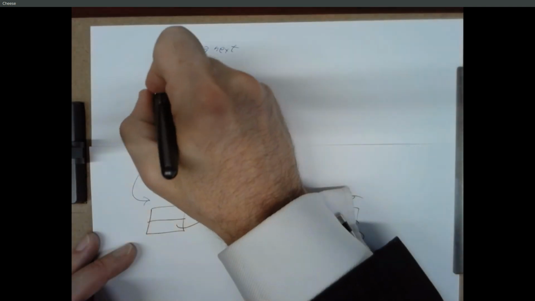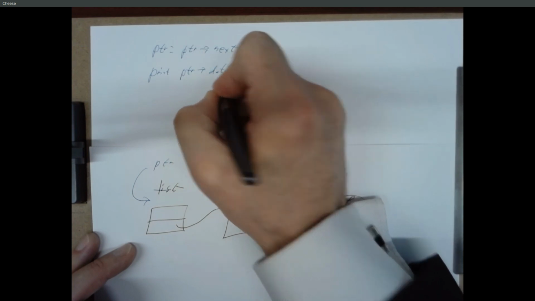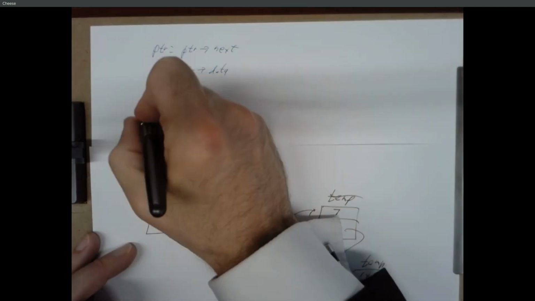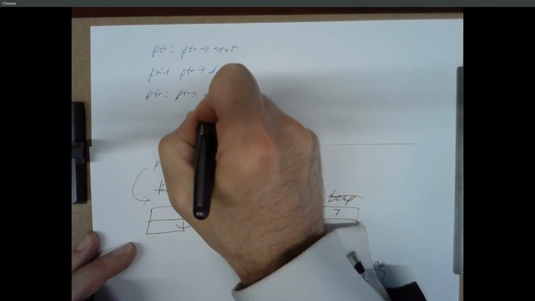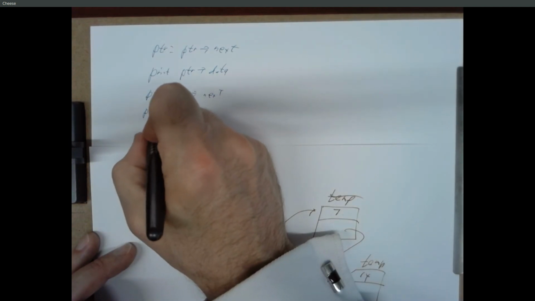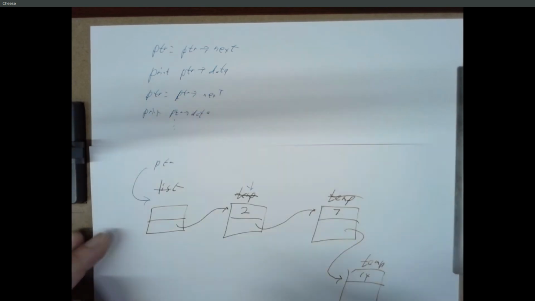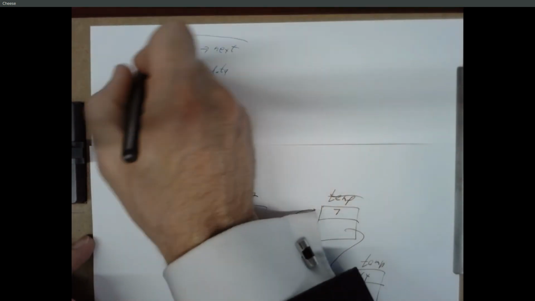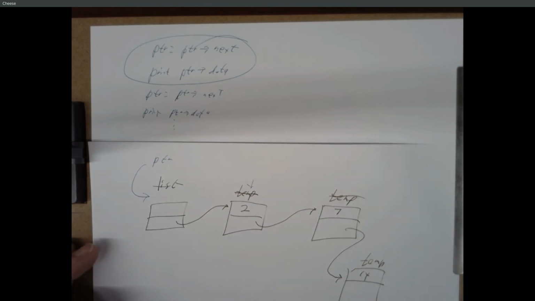And then I'm going to print pointer data. And then I'm going to say pointer equals pointer next, which will change to here, and print pointer data, and so on. So I'm going to basically do a loop. Move to the next node, print out the data, move to the next node, print out the data.